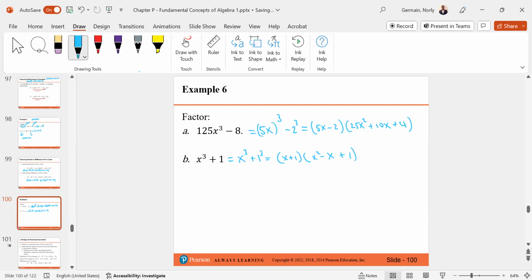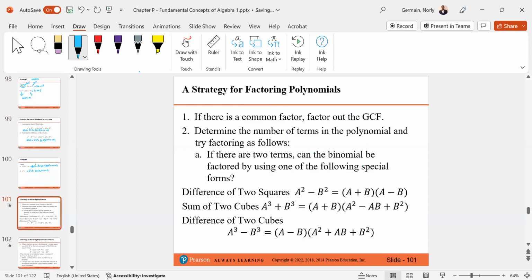We have so many examples. Should we stop here or should we continue? No, we're going to see only two more. Here is a strategy for factoring polynomials. It is important to practice factoring a wide variety of polynomials so that you can quickly select the appropriate techniques.